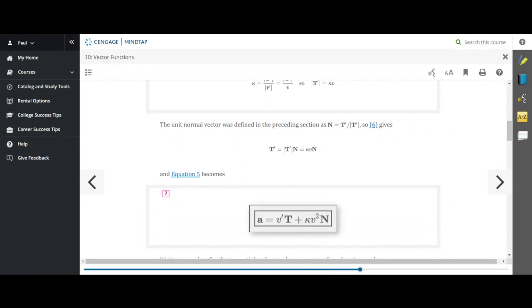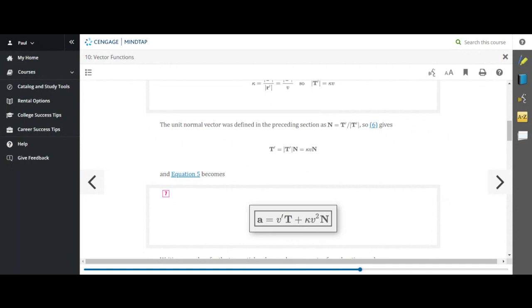And this means then that the acceleration vector can be expressed as the sum of two vectors. The first vector being the derivative of the speed times the tangent vector. And by the way, what's the derivative of the speed equal to?